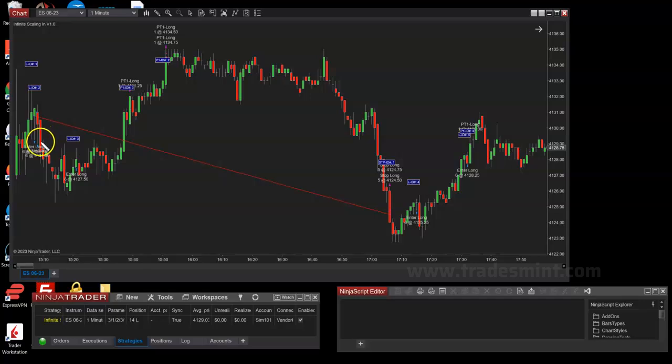So the entry occurred right here. This is profit ID3, ID2. Profit ID2, long ID2. Okay. This actually closed off.